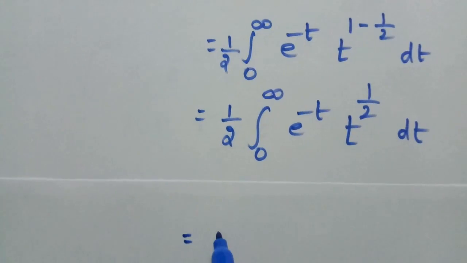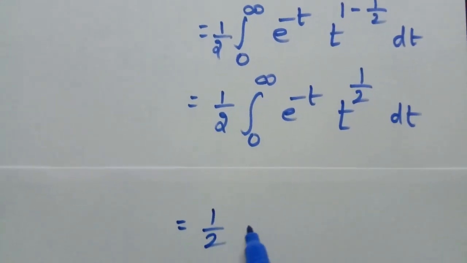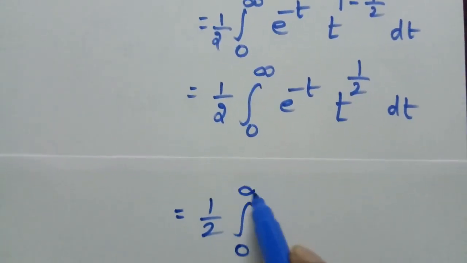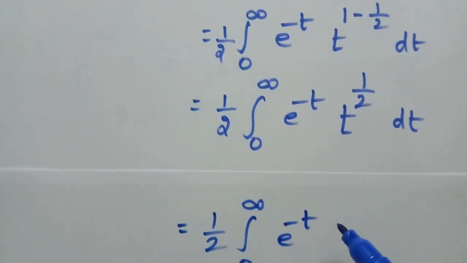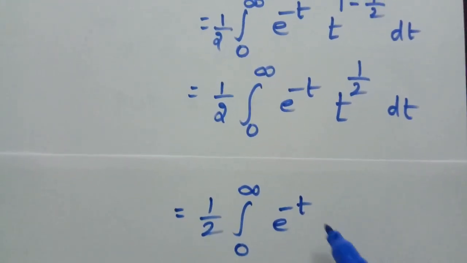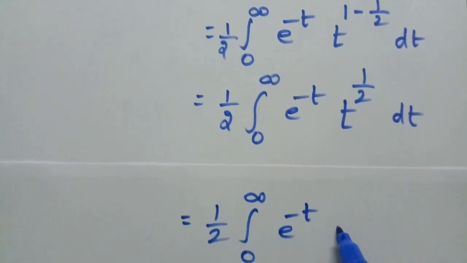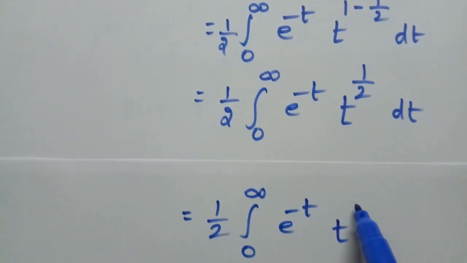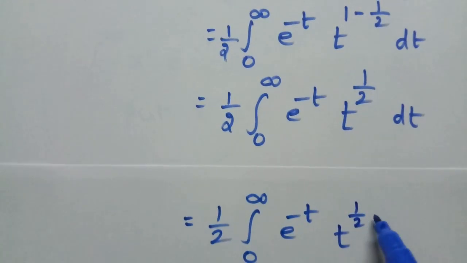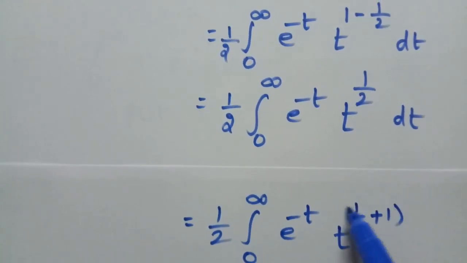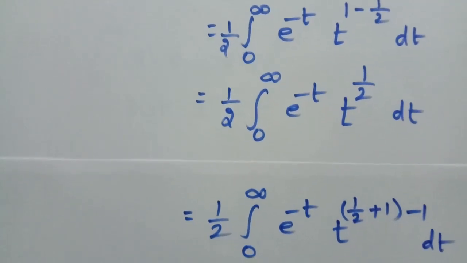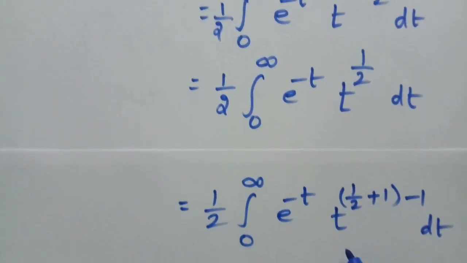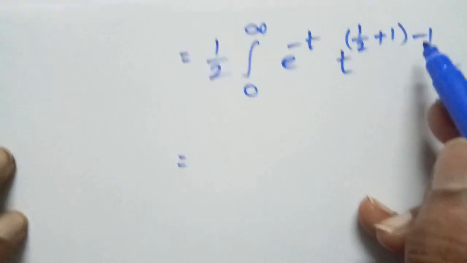This is equal to 1 by 2 times integral 0 to infinity e power minus t, so we should have t to the power of n minus 1. For this, adding 1 and subtracting 1 in this gamma n formula, we have t to the power of n minus 1.